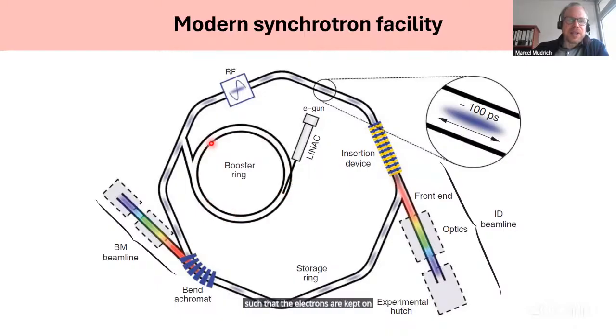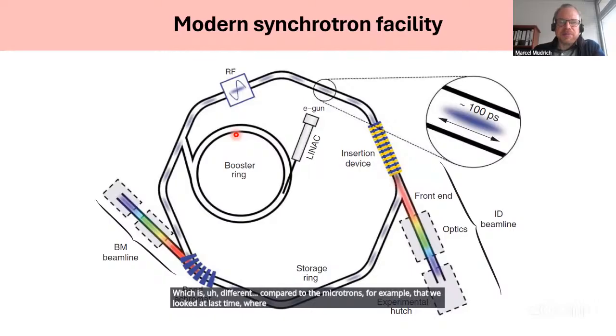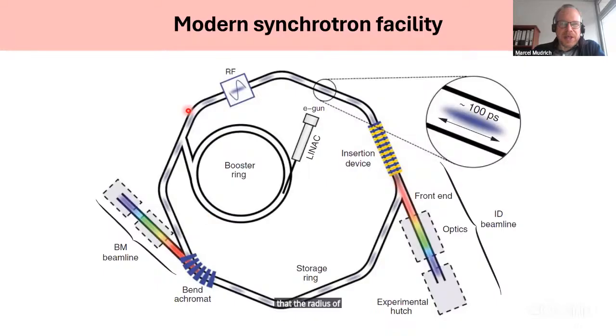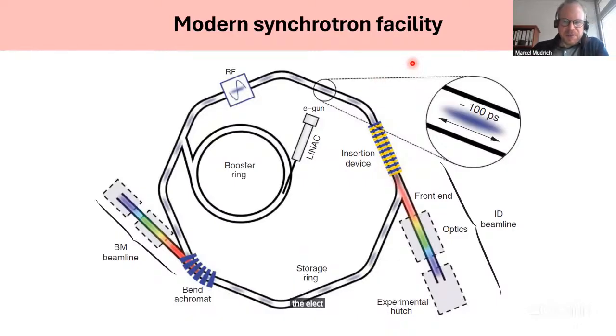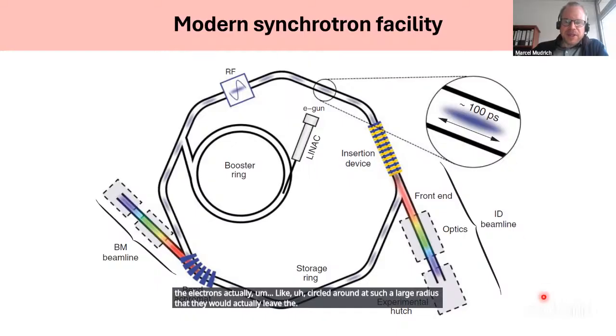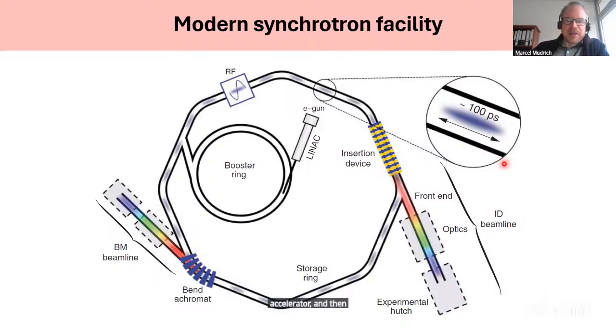such that the electrons are kept on the same stable orbit, which is different compared to the microtrons, for example, that we looked at last time, where by accelerating the electron beam, maybe you remember that the radius of the electron orbit in this constant magnetic field kept growing and growing in the microtron until the electrons actually circled around at such a large radius that they would leave the accelerator and then come out as the final beam.